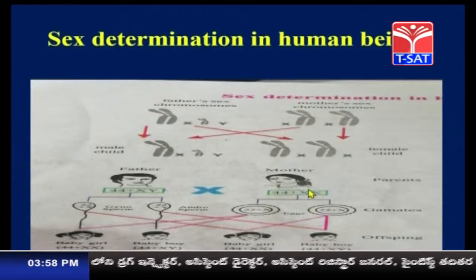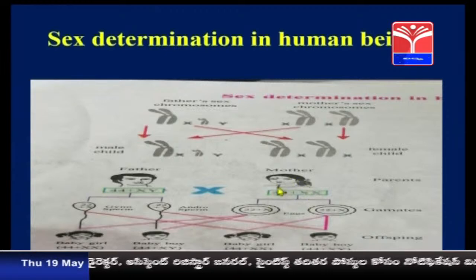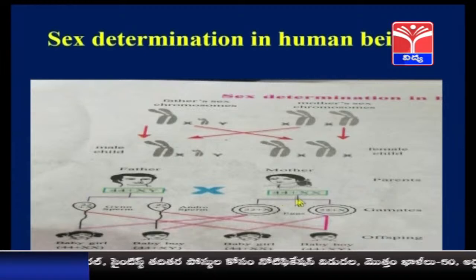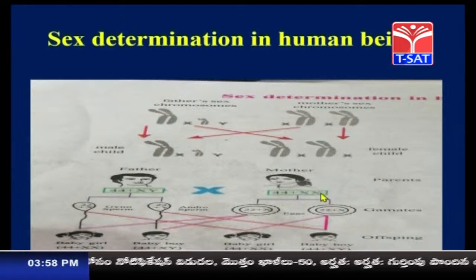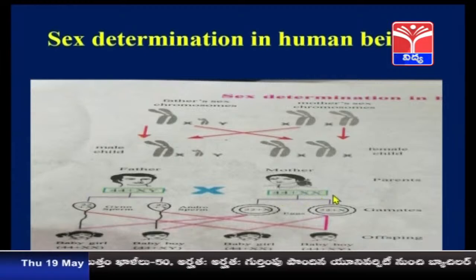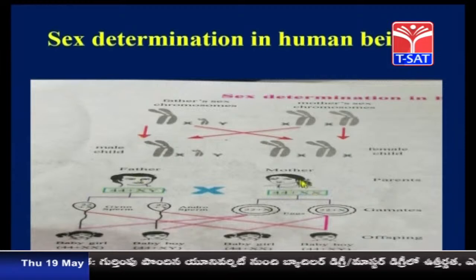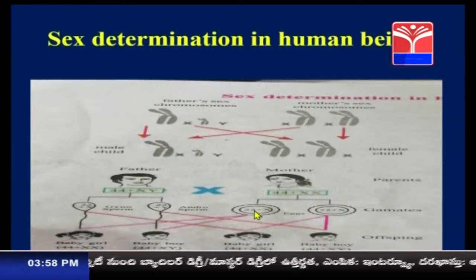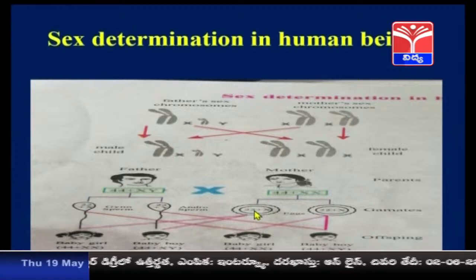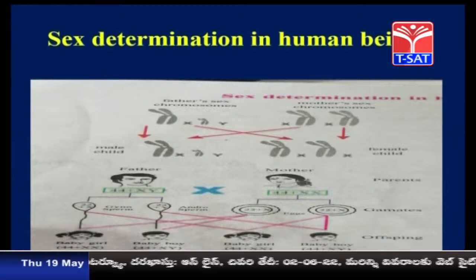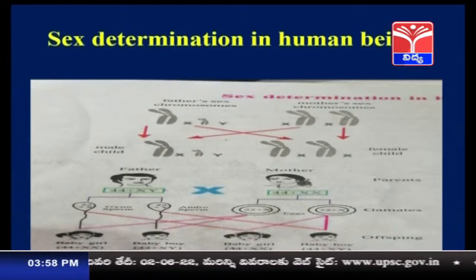Similarly, if we talk about a female, she has 44 chromosomes which are autosomes, 45th and 46th both the chromosomes are the same, that is X chromosome. So in case of females, the ovum has only one set of chromosomes and the sex chromosome getting into this is the X chromosome.